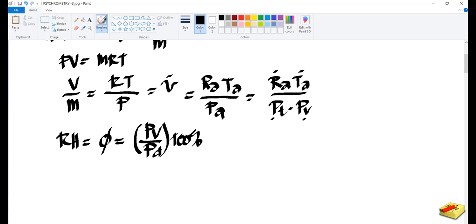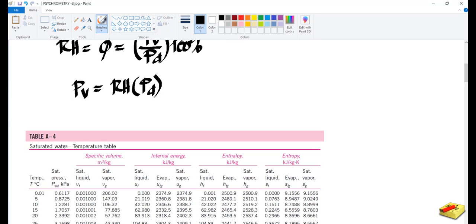So to get the partial pressure of vapor, we can derive the equation: partial pressure of vapor equals relative humidity times the saturation pressure of water vapor. To get the saturation pressure of water vapor, we use the steam table.